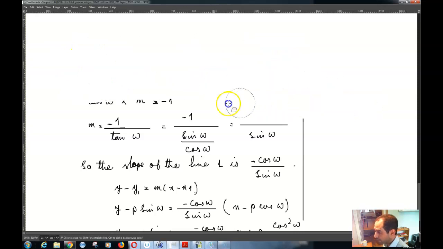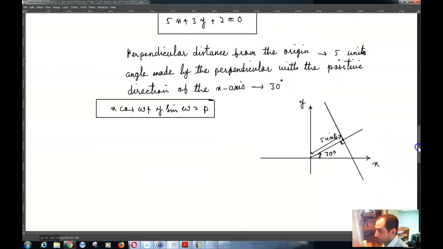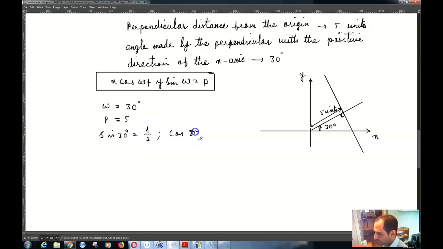So now let's try the formula here. Over here my omega is equal to 30 degrees and p is equal to 5 units. Now sine 30 degrees, as you know, is equal to 1/2, and cos 30 degrees is equal to square root of 3/2.